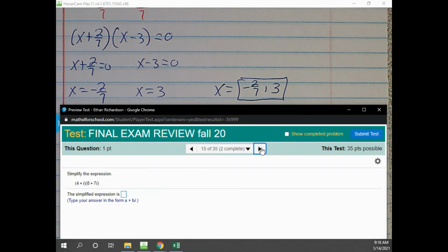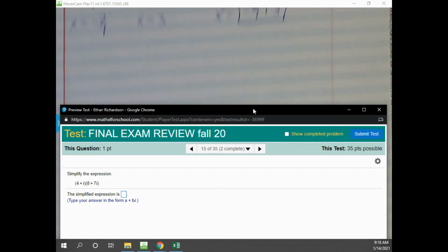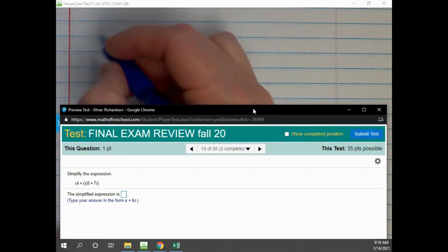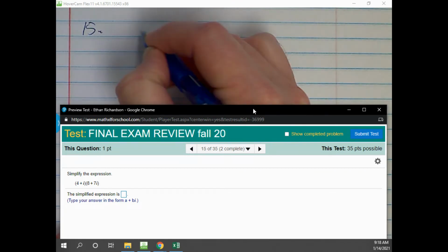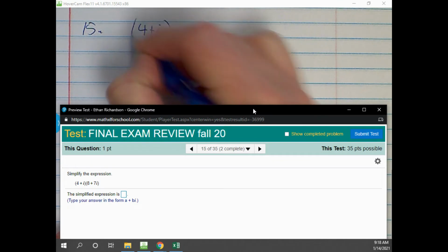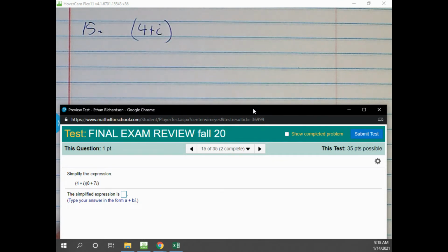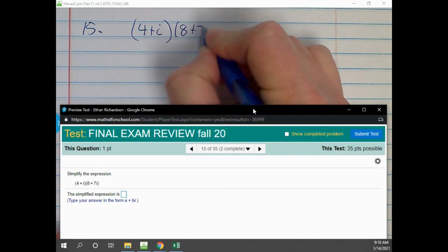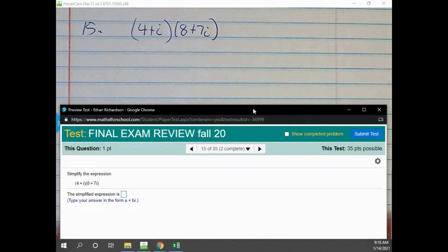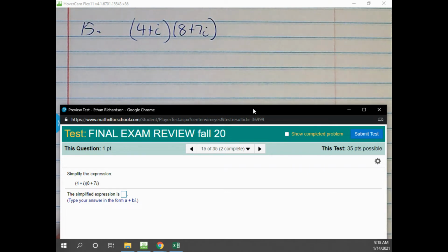All right, 15. This one, we're simplifying the expression. We've got 4 plus i and 8 plus 7i. Okay, and this one's basically just doing double distributive properties.